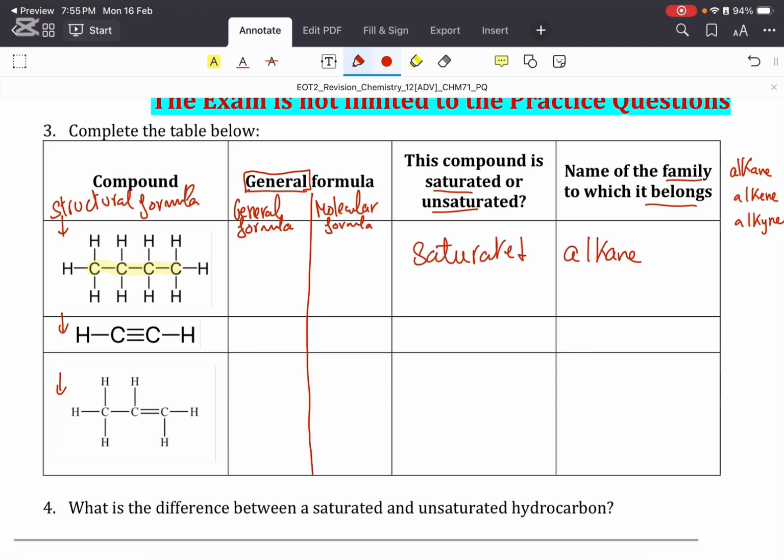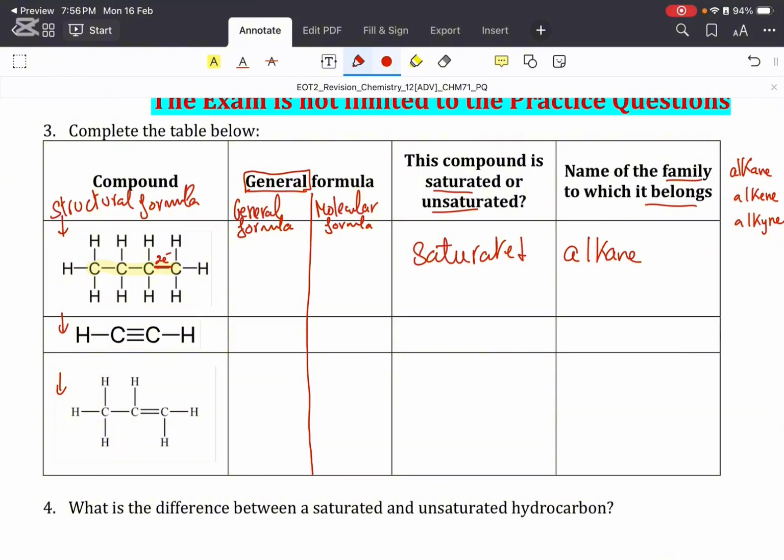Because in the saturated, all carbons will have single covalent bonds. And in between every 2 carbons, there are 2 electrons shared, or 1 pair of electrons.